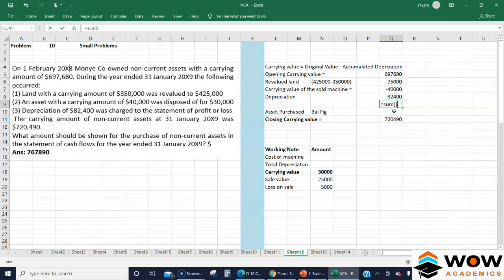That will definitely be lower than the closing value, because they have purchased an asset and they have told it. So how much should it be? Its worth is 70,210.